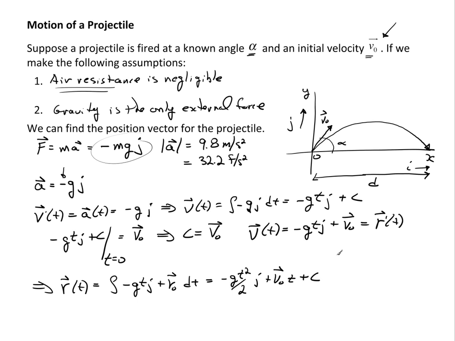Now this value of c is going to be 0 because at time 0 my initial position is 0. I haven't moved anywhere. I'm right there at the origin. So c is going to be 0. So that will simply give me r of t as being equal to negative g over 2 t squared plus v naught t.